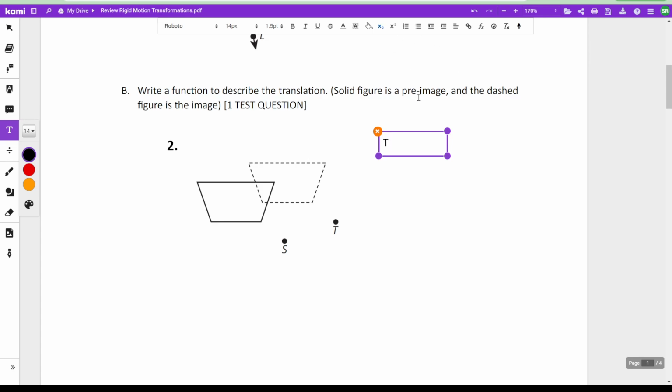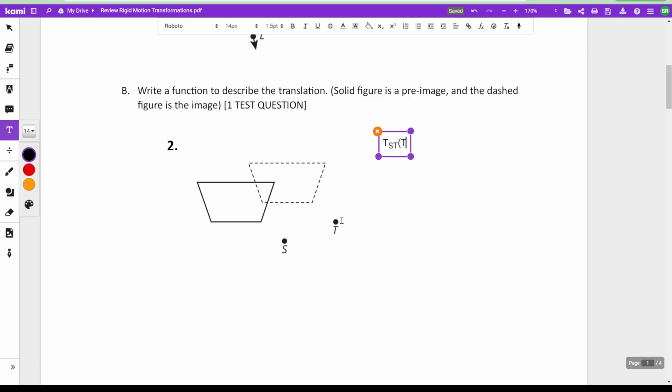And because we're going from here to here, that's S to T. Okay, so we're going to put subscript ST. If it was going from the dashed figure to the solid figure, it'd be TS, but that's not what we have here. Okay, and so this is basically saying we're translating something the distance and direction of ST.